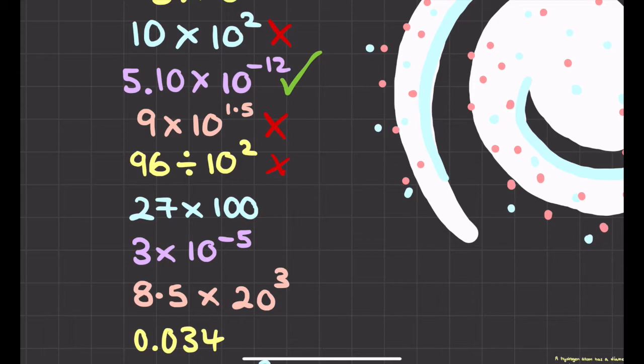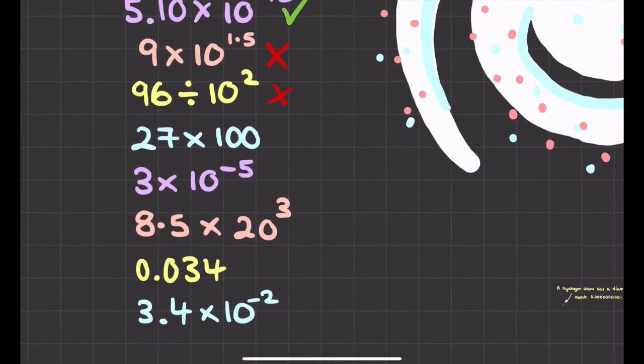It can't be a divide, and also the number has to be between 1 and 10. Right, the next one, again, this is a no. This isn't written as a power of 10. It has to be 10 to the power of something. So if it's going to be 100, it has to be 10 to the power of 2, doesn't it? And this number here would have to be between 1 and 10.